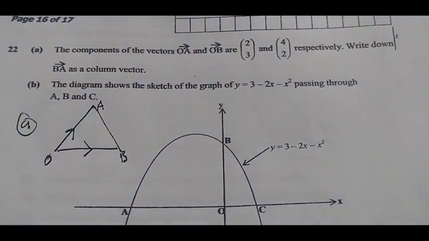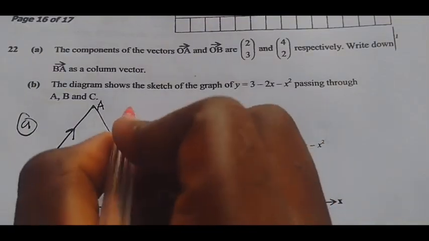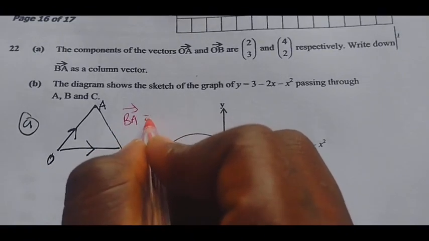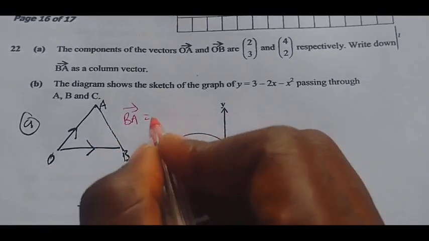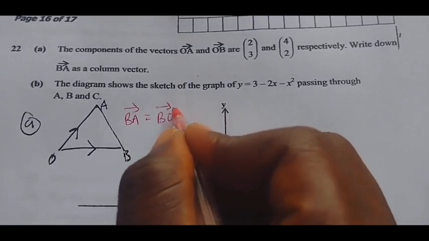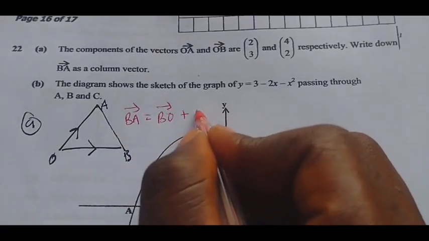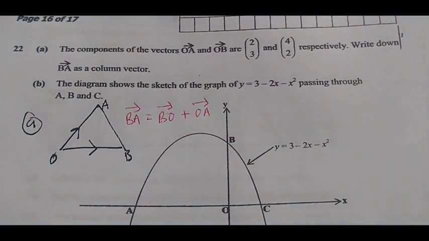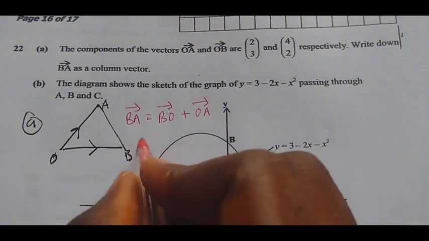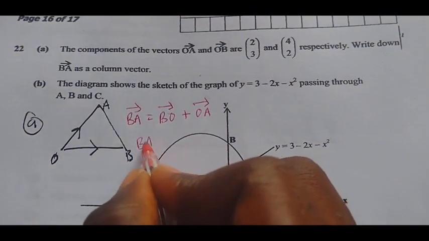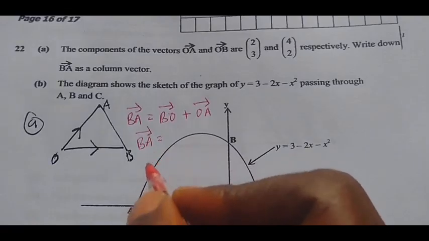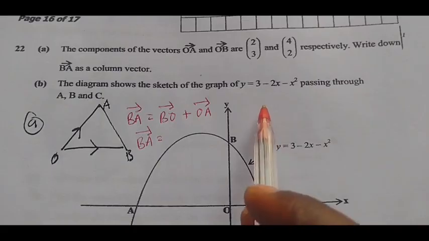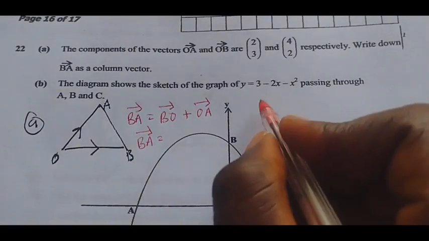We are going to say BA is equal to BO, then plus OA, like this. So I hope it's clear there. So from here, BA is equal to... let me write from this side, I'll continue this side because of space.